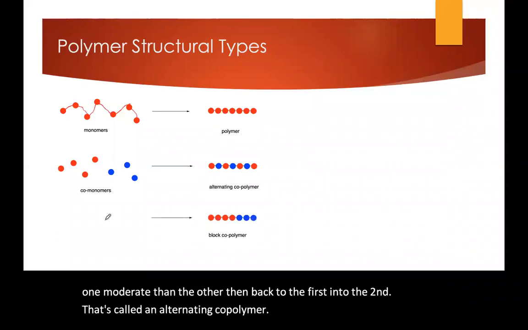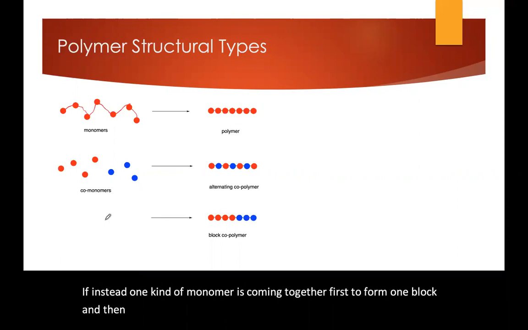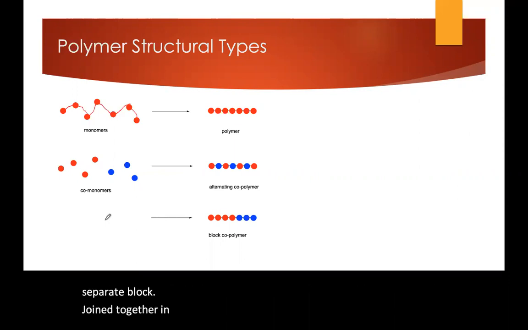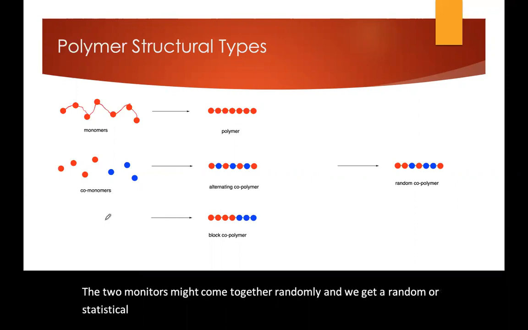If instead one kind of monomer is coming together first to form one block, and then the second kind of monomer follows after that, forming a separate block joined together in the middle, that's called a block copolymer. The 2 monomers might come together randomly, and we get a random or statistical copolymer in which there isn't any particular order in which the 2 monomers come together.